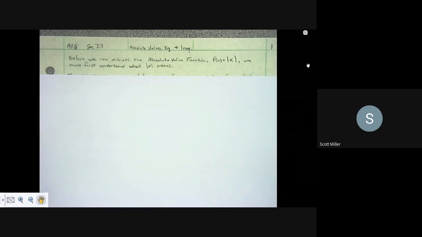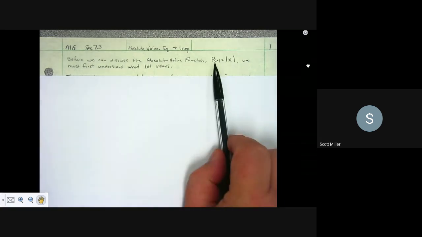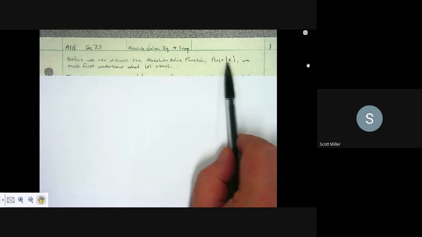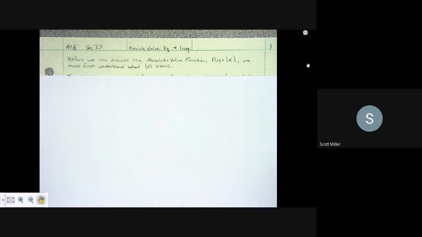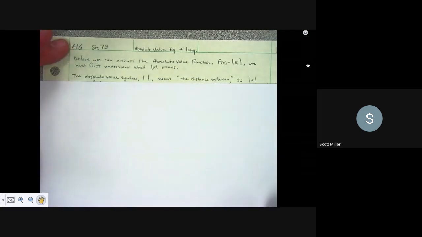So before we can discuss the absolute value function, which is p of x equals this symbol right here, it means absolute value. You need to first understand what this symbol means. Absolute value symbol means the distance between.